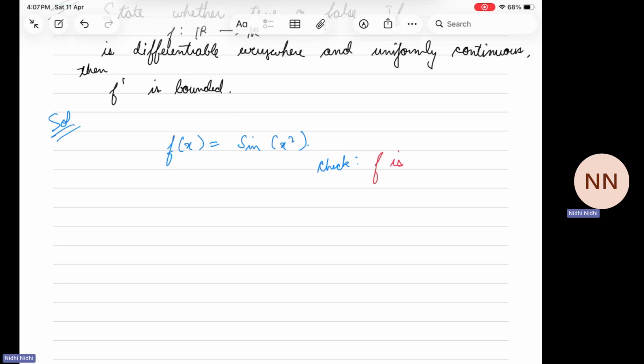Just see how f is uniformly continuous, in fact on whole R. Now see what we can say about its derivative and the boundedness of the derivative.